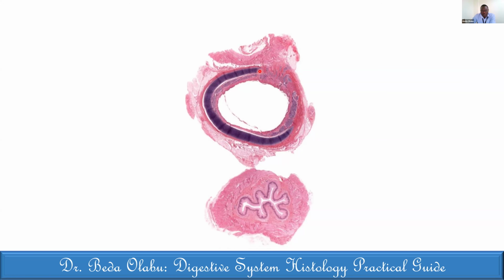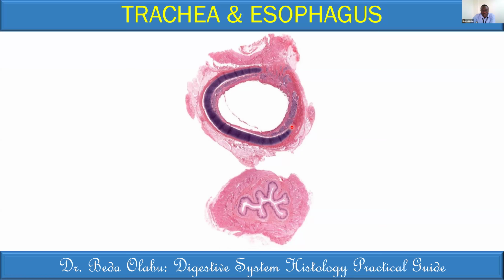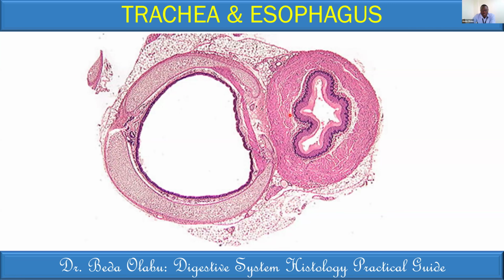Usually, where that C is defective is where the esophagus would be. So we expect the esophagus to be somewhere here, as opposed to where it is now. This has been translated. So usually the esophagus will be next to the trachea, adjacent to the cartilage defect of the trachea. Maybe this one would show you a better view. So this would be the esophagus and this the trachea.